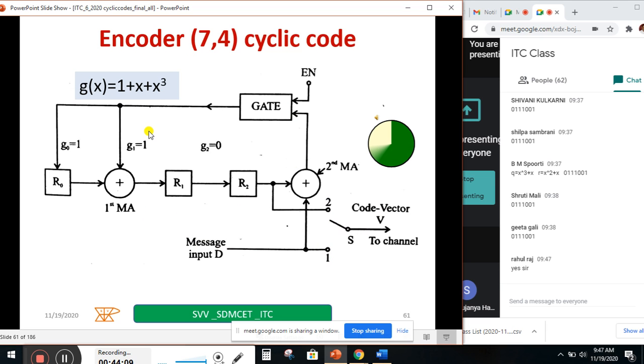Then for a given input, we'll try to find out the parity bits. And try to maintain neat notes.